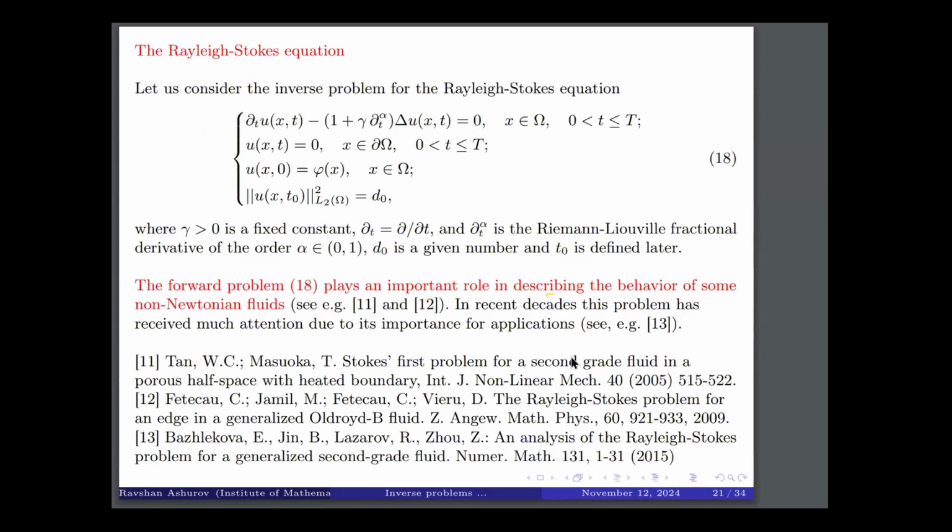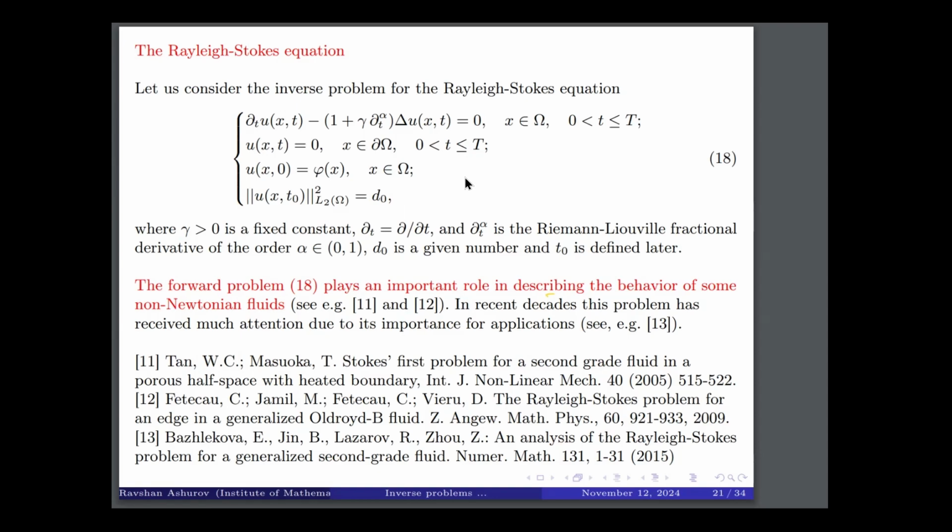Now, you see, there is the Rayleigh-Stokes equation which has this form, and it plays a very important role in describing the behavior of non-Newtonian fluids. In recent years, this problem has received much attention, and you can see these papers, and this is just some of them.